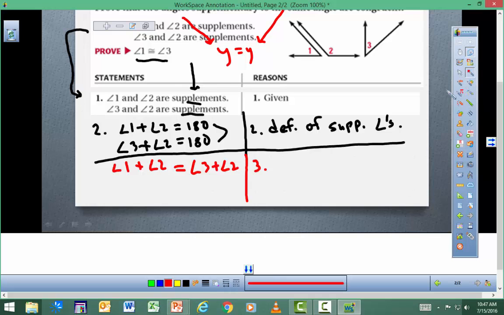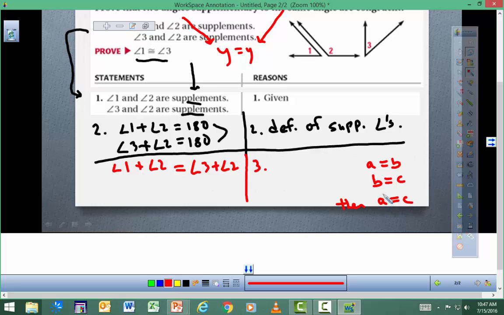So let me just show you that framework, how it's set up. The transitive property says if A is equal to B and B is equal to C, then what can you say? Then A is equal to C, right?